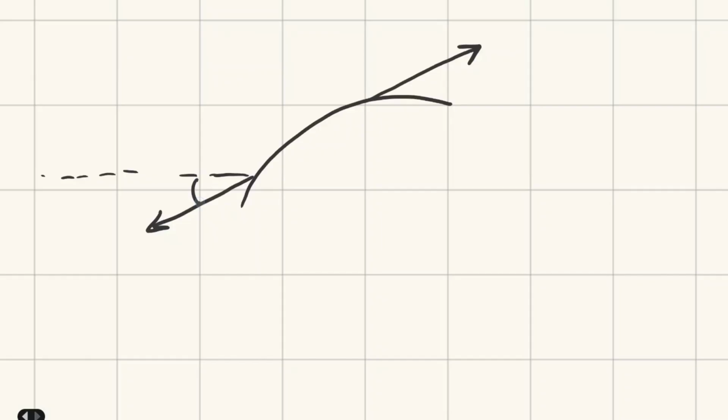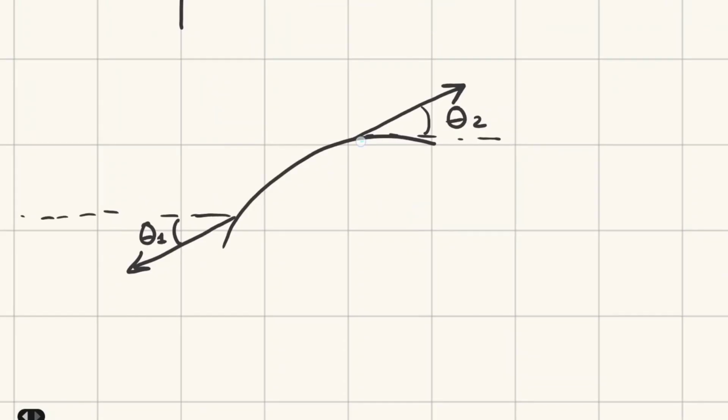So we can have here an angle theta 1, maybe, and then from here we will have an angle theta 2. So as we can see easily, there will be two components of the strain that is applied to this portion of a string, and also here we will have two components of a strain.